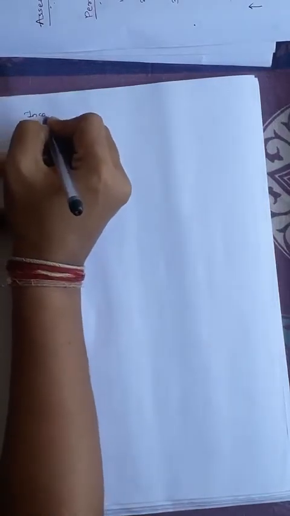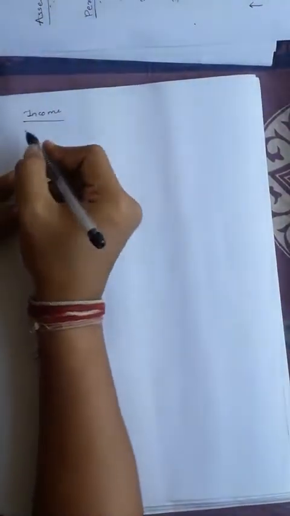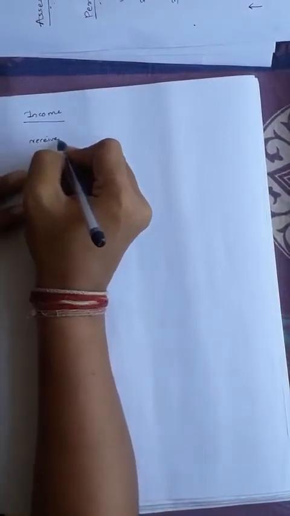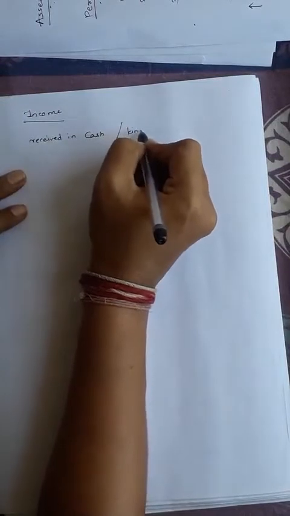Now we'll see some other definitions which are important. Income. As per section 2(27), income means income may be received in cash or kind.